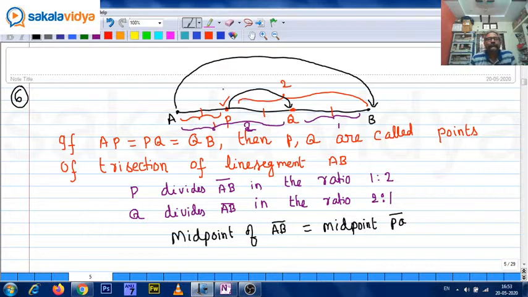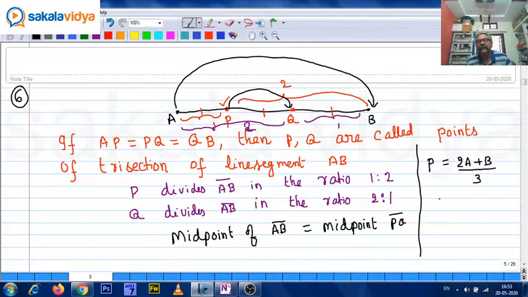So now, what are the P coordinates and what are the Q coordinates? P coordinates you can write as (2A plus B) by 3. This is the relation. Whereas Q coordinates is equal to (A plus 2B) by 3.